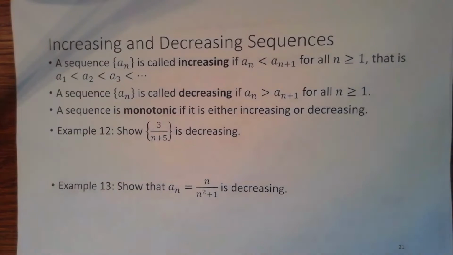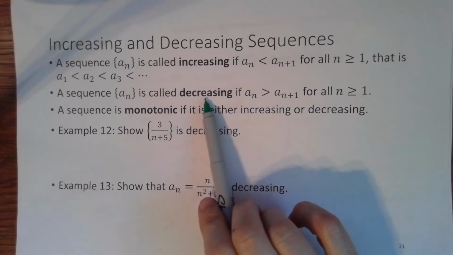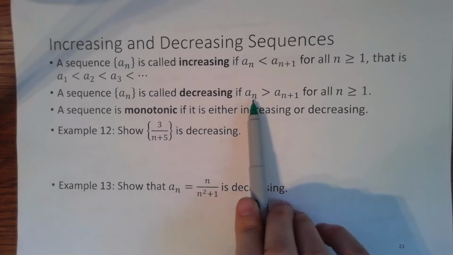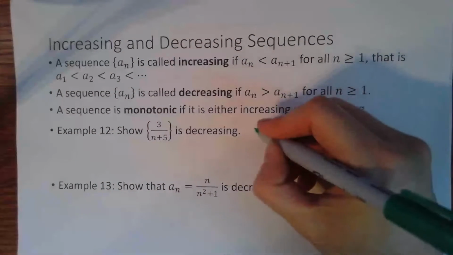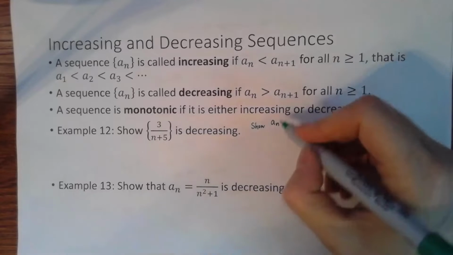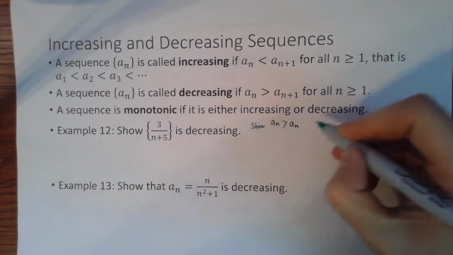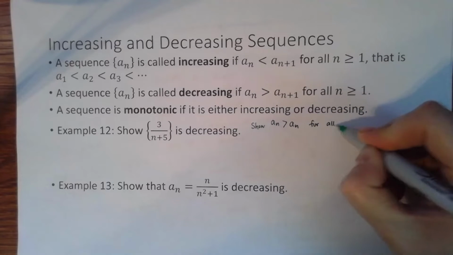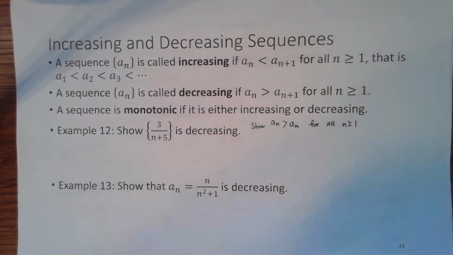Now some examples to show that a particular sequence is decreasing. To show that a sequence is decreasing, we just need to show that a sub n is greater than a sub n plus 1 for all n greater than or equal to 1.